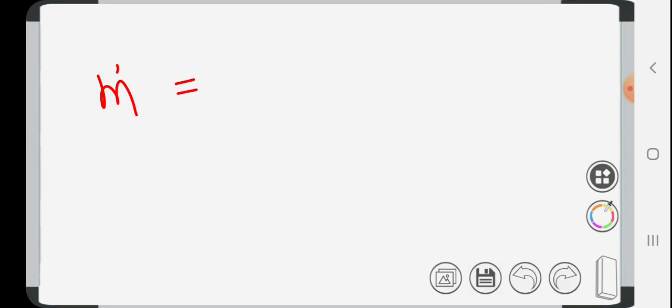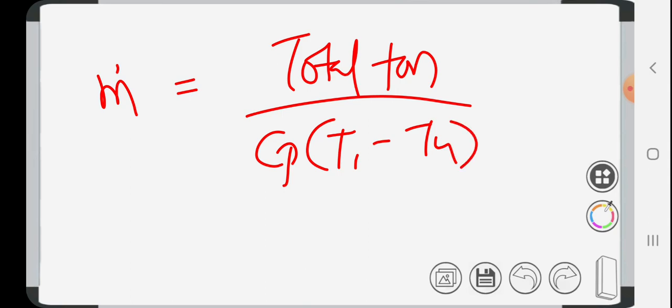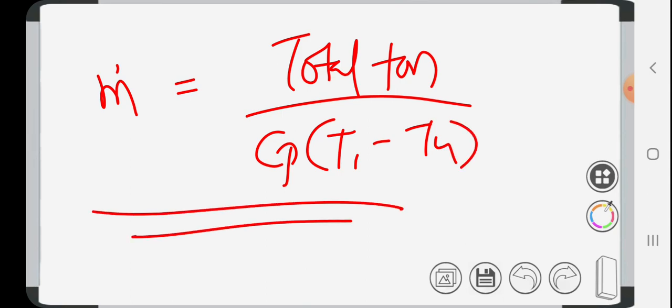We take the total tonnage, the total refrigeration effect Q, divided by Cp (T1 minus T4). So this is how we calculate our capacity. Total 6 tons divided by Cp (T1 minus T4), you will get m dot. Okay, so that is done.